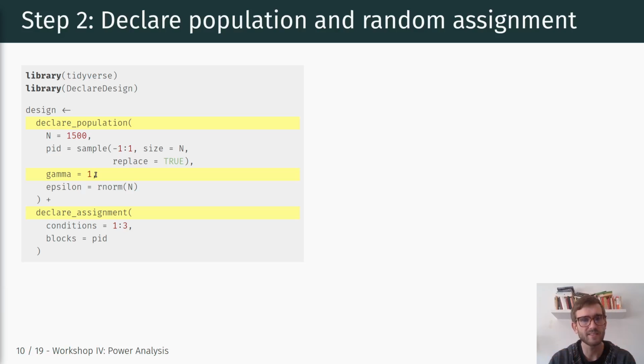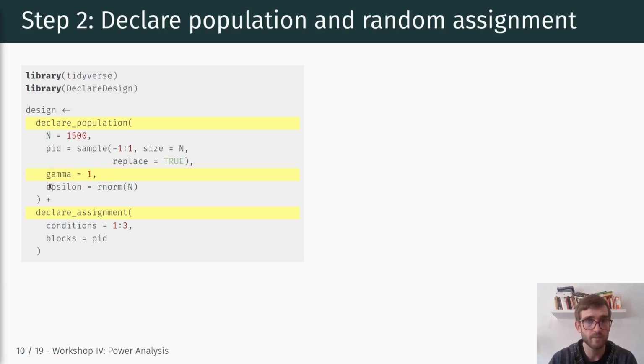Later on, we're going to run the same code, but then we're going to specify varying levels of gamma in order to analyze our design for varying effect sizes of that treatment. For now we're just assuming it's 1 in order to be able to show you each individual step and what is actually going on under the hood as you add layers to this design declaration. Okay, so we're going to leave it at that.